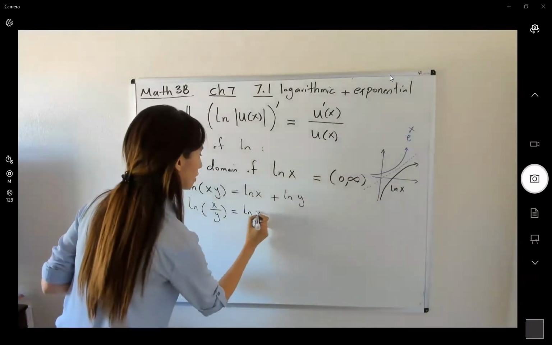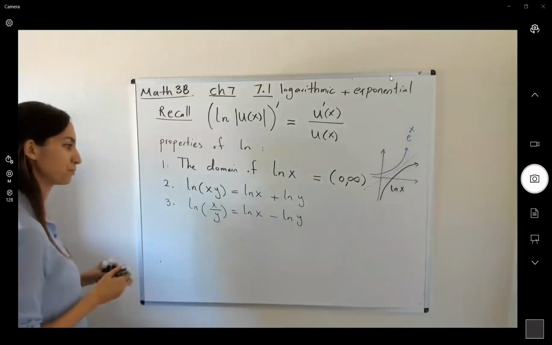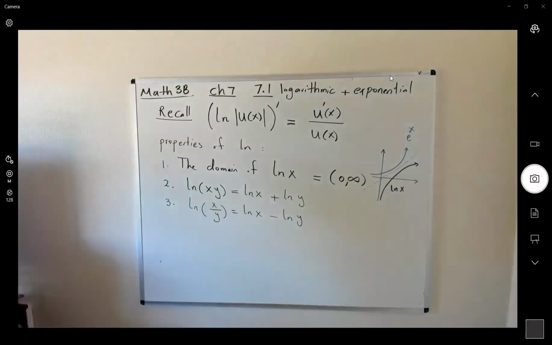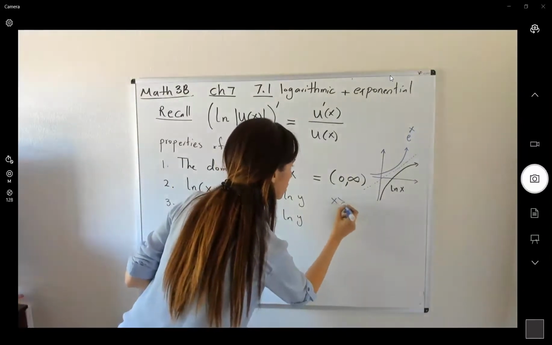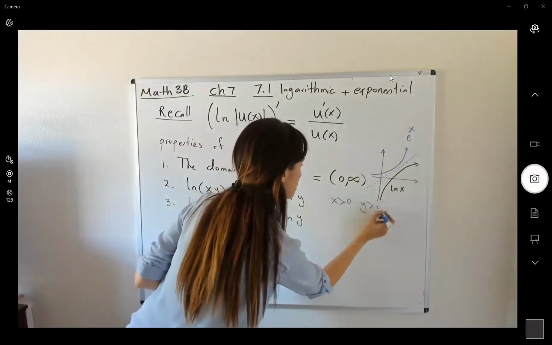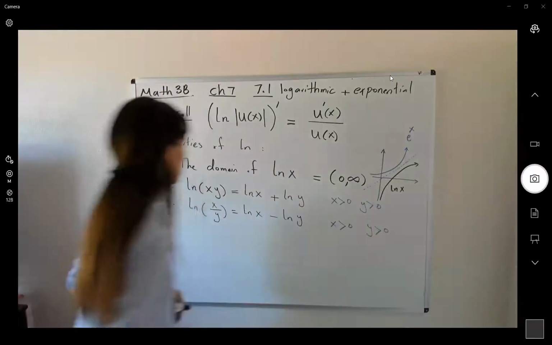So you get ln of x minus ln of y. Note that we take the domain to be positive. So x is positive, y is also positive.